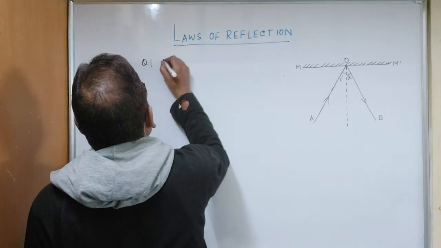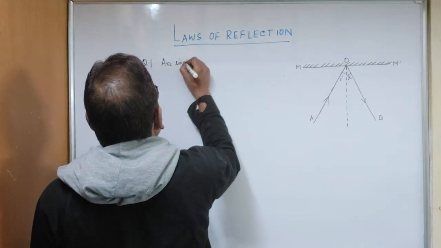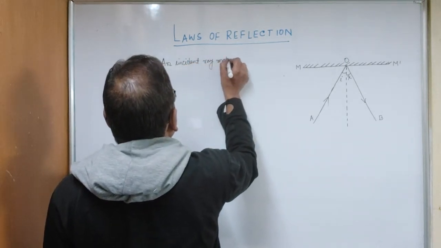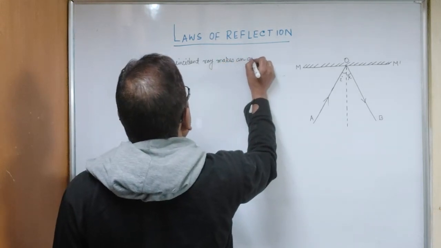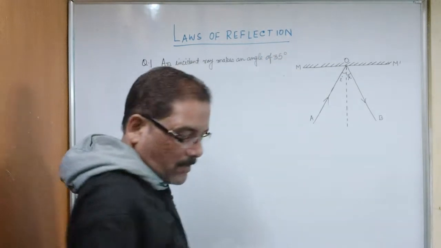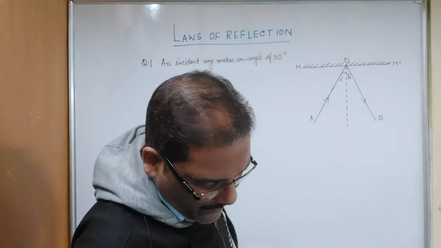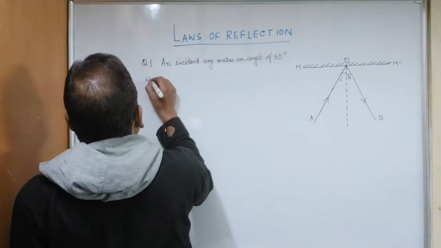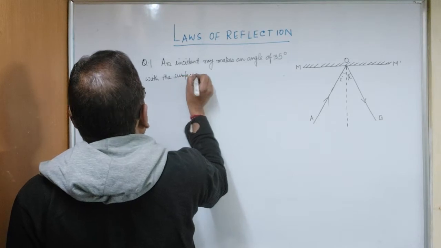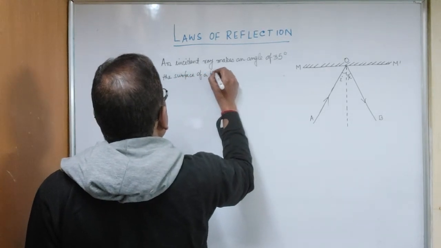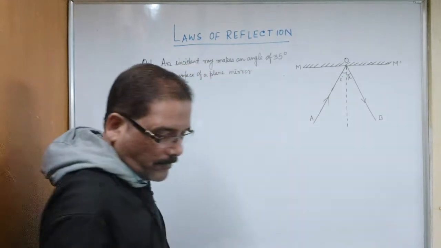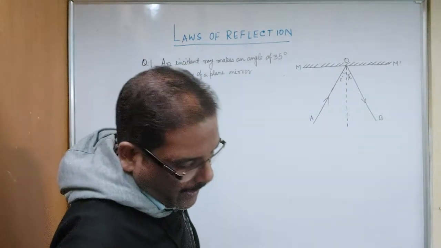Question 1 is, an incident ray makes an angle of 35 degree with the surface of a plane mirror. What is the angle of reflection?